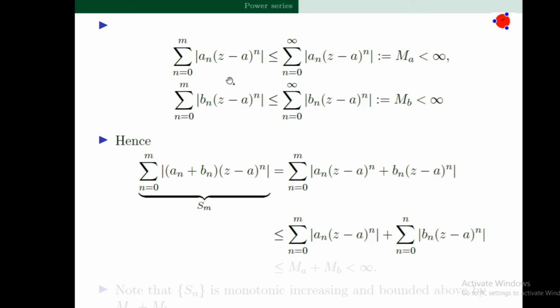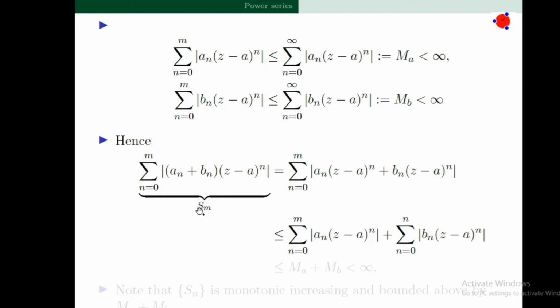And observe that this sequence of partial sums is a monotonic increasing sequence, and that sequence is bounded above by this term. Similarly, the sequence of partial sums of the series sigma mod bn into (z minus a)^n is monotonic increasing and bounded above by this term.